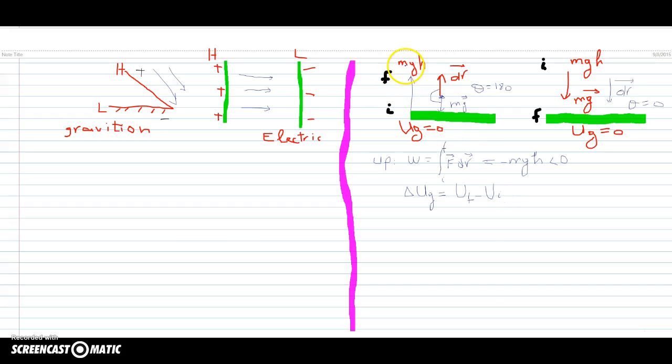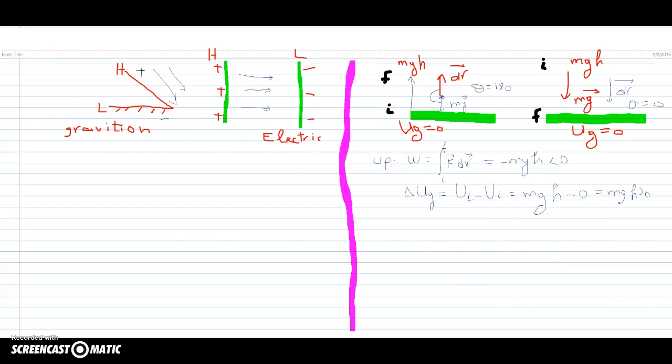While U final is mgh, and initial is 0. And so this is positive, equal to mgh, which is positive.